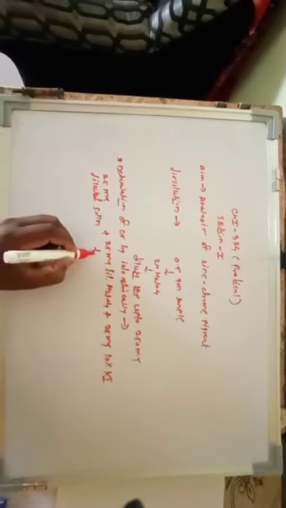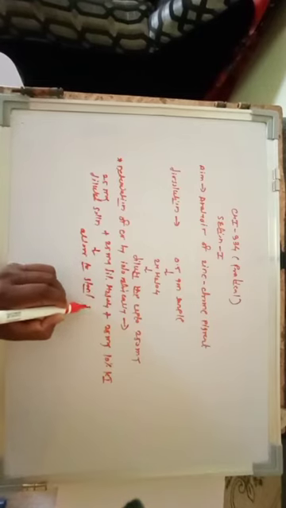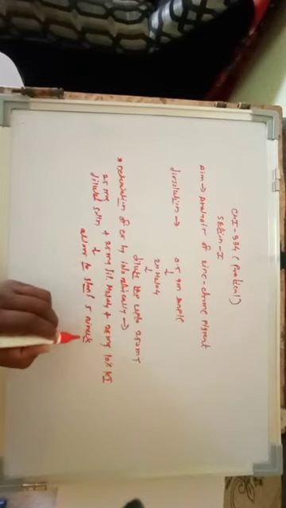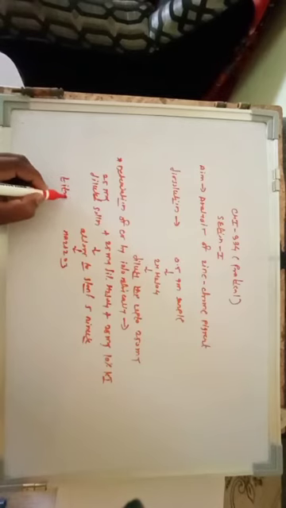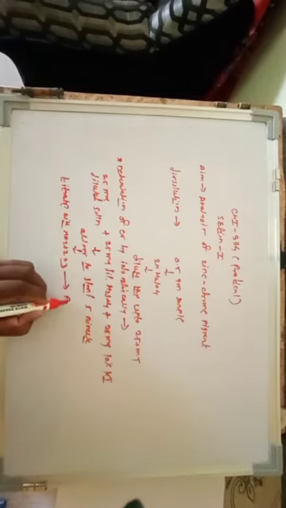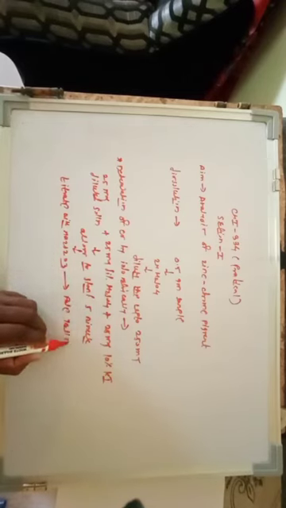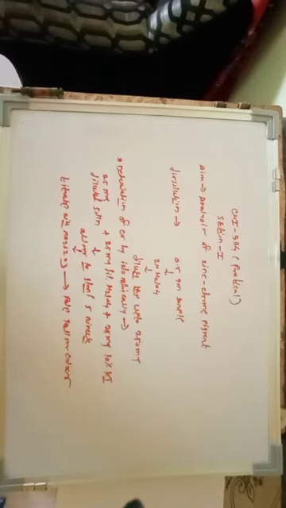Then allow it to stand for 5 minutes, and then titrate with Na2S2O3 solution to get a pale yellow color. We are very much familiar with this iodometric titration. Titrate with Na2S2O3 solution until we get a pale yellow color.